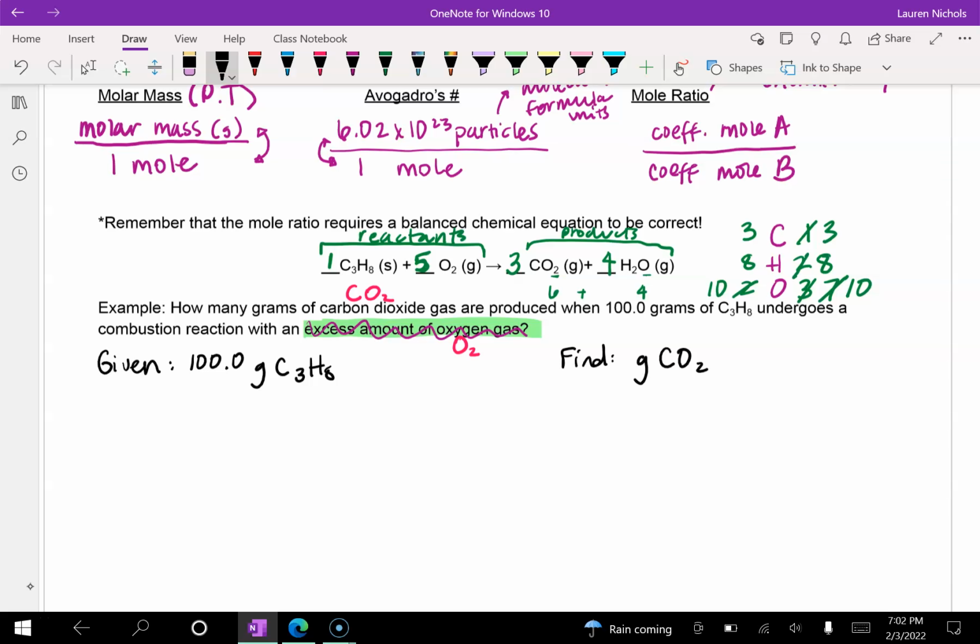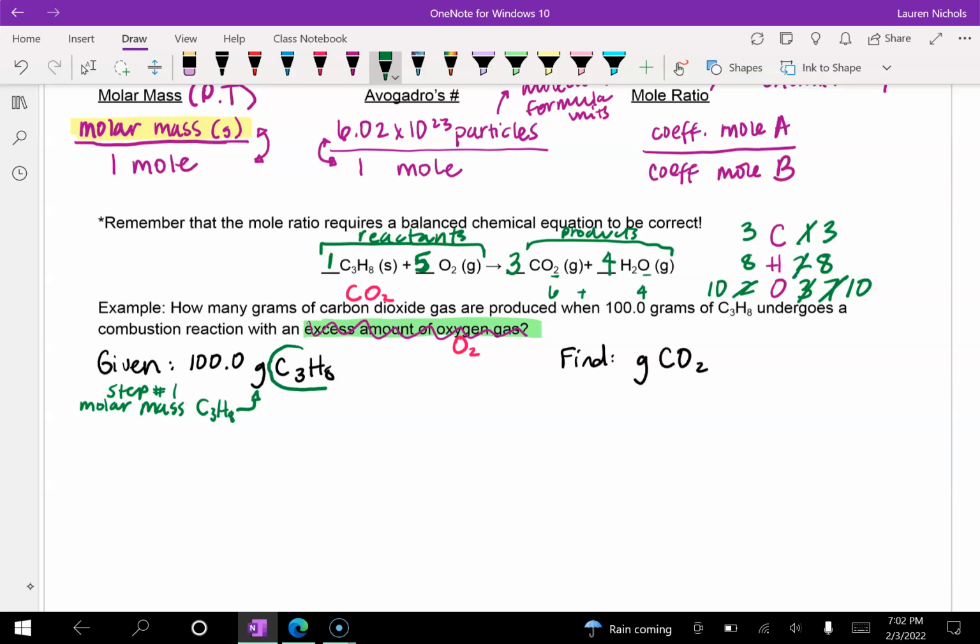Once you've labeled what you're given and what you're trying to find, you analyze your units to determine what conversion factors you have. So here we see a G. Now remember, grams is in our molar mass. So grams tells us that we will need the molar mass specifically of C3H8, because that is what the grams are next to. So that is going to be step number 1.